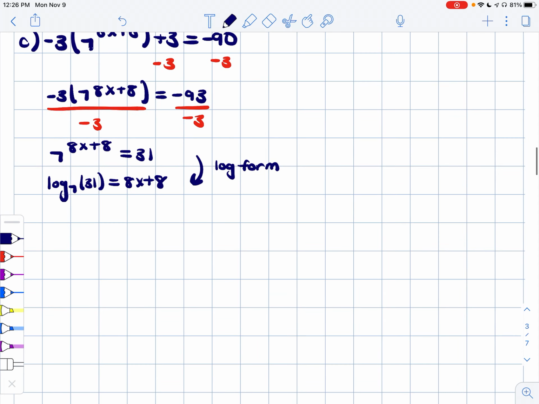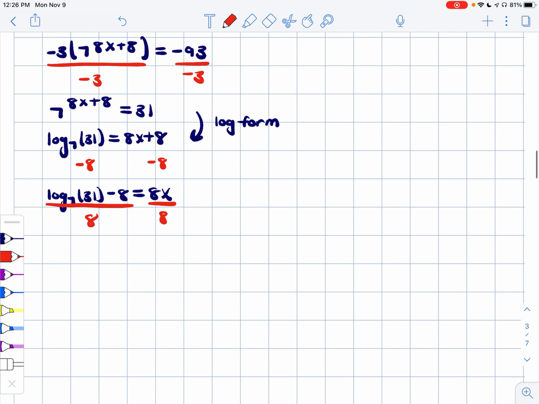Now we just need to isolate x. So subtract 8 from both sides: log base 7 of 31 minus 8 is equal to 8x. And then divide by 8. So x is equal to the log base 7 of 31 minus 8, all over 8.